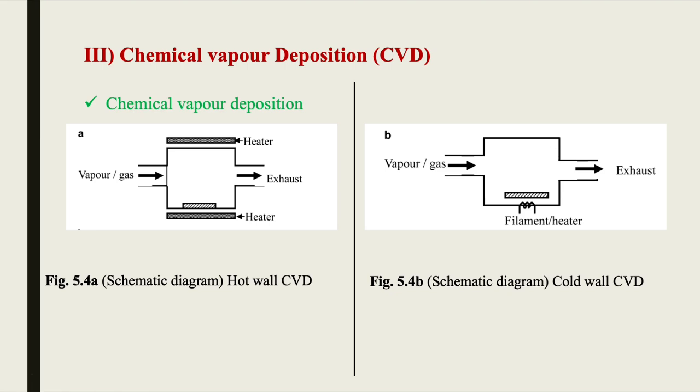Besides this, the reaction can take place in the gas phase with hot wall design, which is suppressed in cold wall setup. Further, coupling of plasma with chemical reaction is feasible in cold wall setup. So coupling of plasma is possible in cold wall setup.